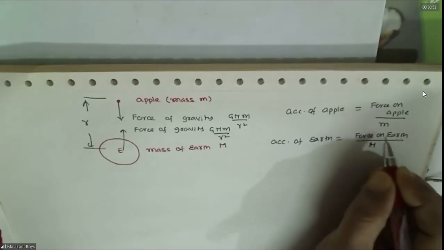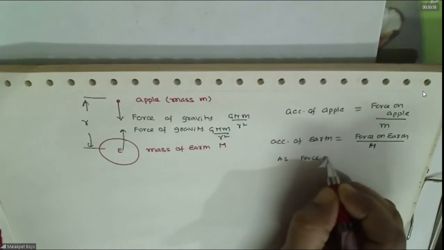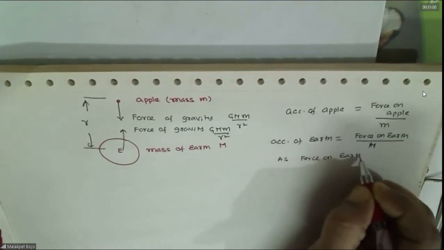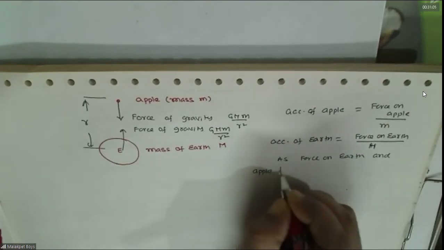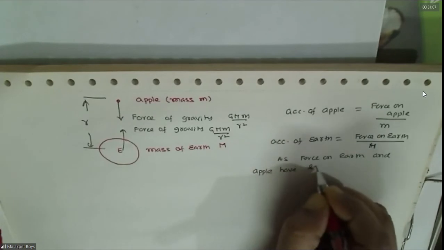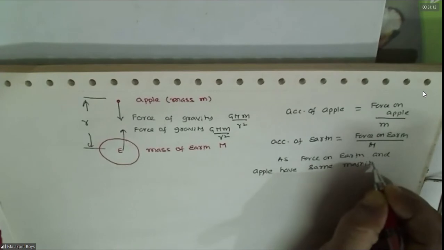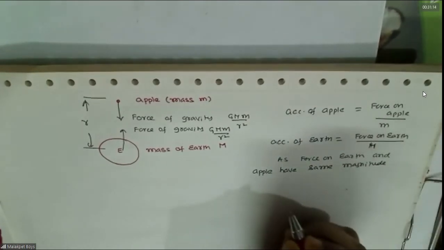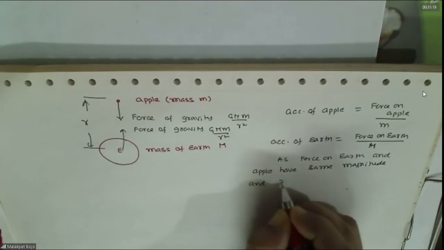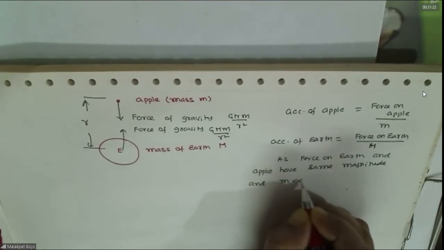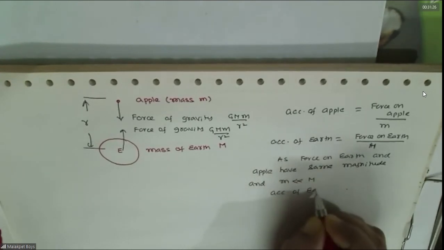Now you can see that the force on Earth and the force on the apple are the same, and the mass of the apple is very small compared to Earth's, so which acceleration is more? Acceleration of Earth, sir.